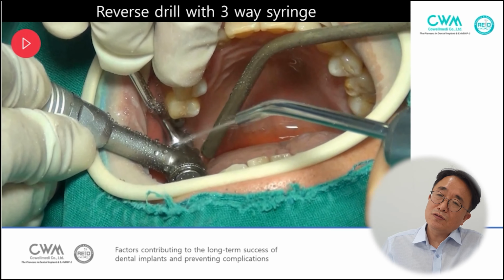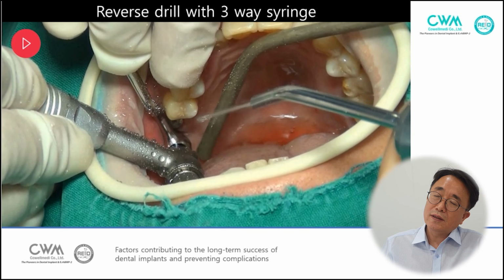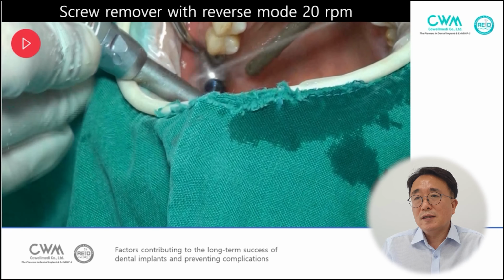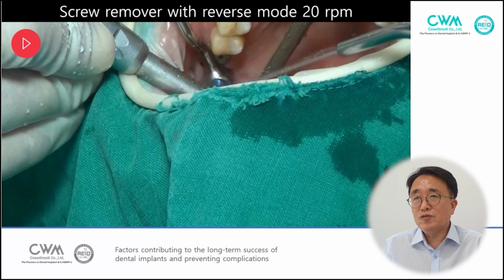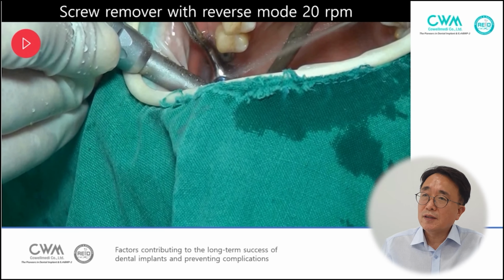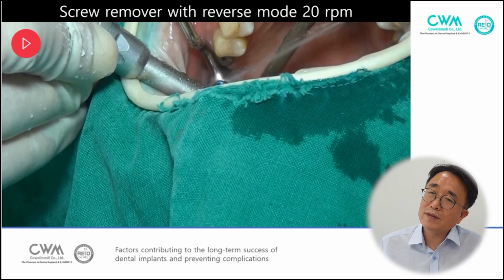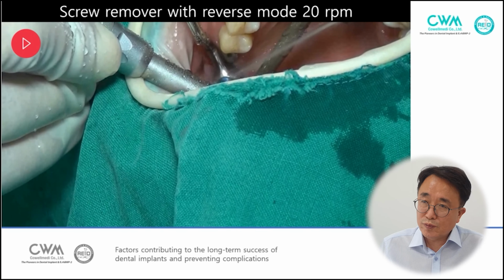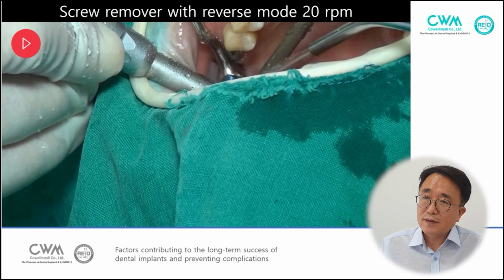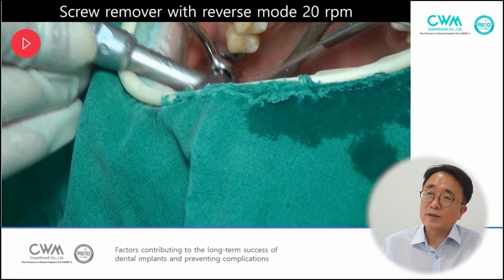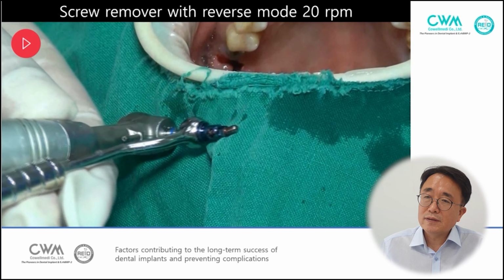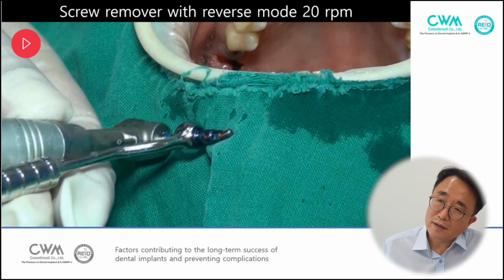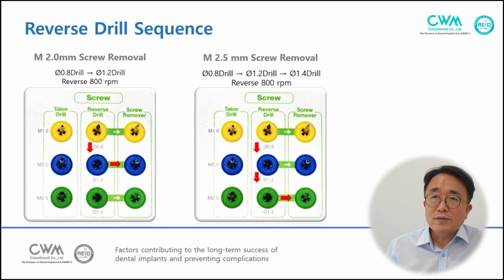So we have to use a pulsed water syringe, and then screw remove with a reverse mode. 20 RPM is adapted into the hole of the screw fragment, and cold welded and removed. Here, the fragment is removed.